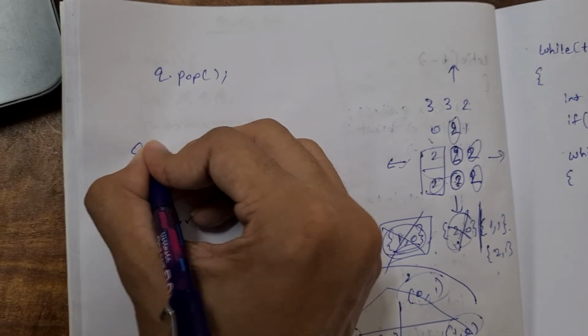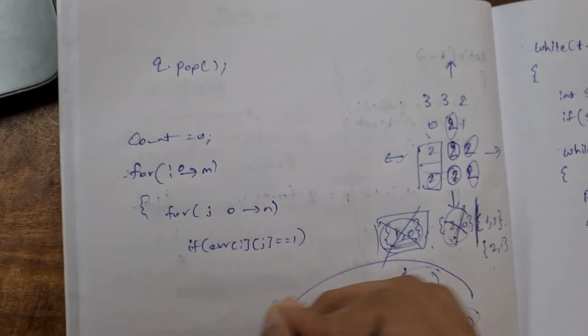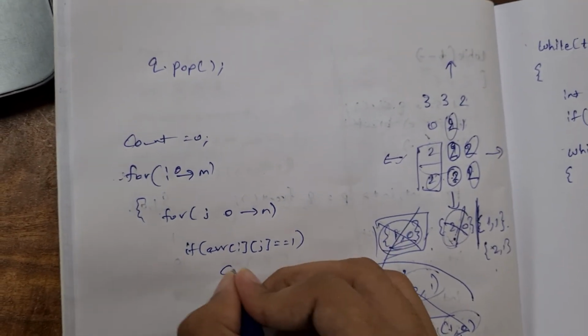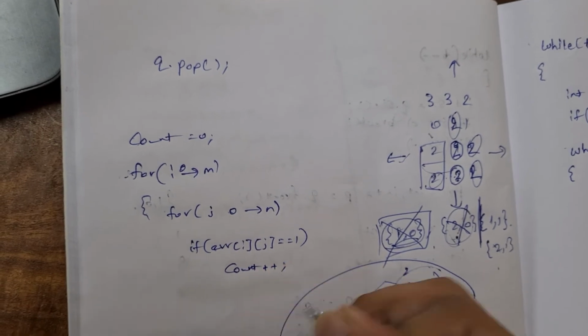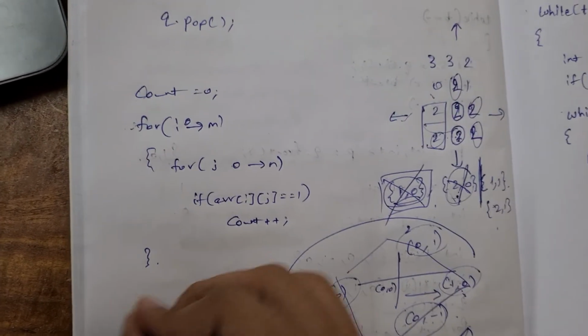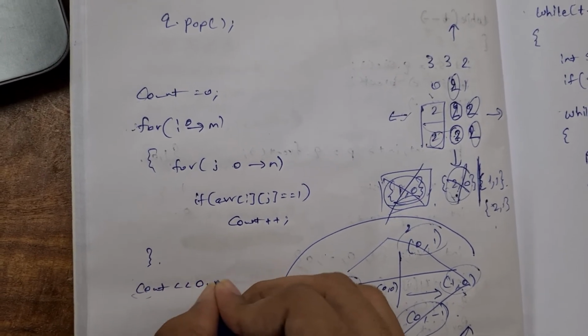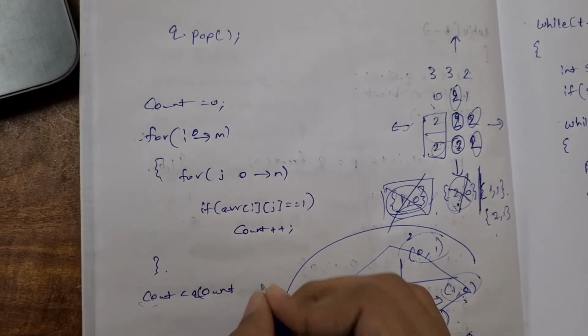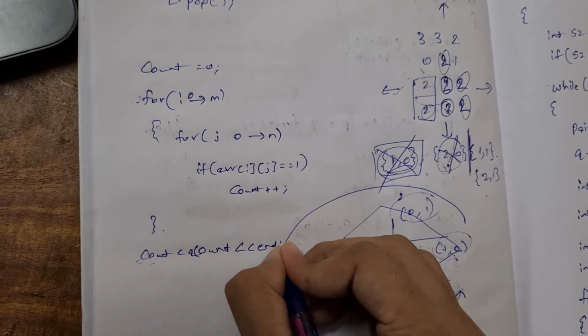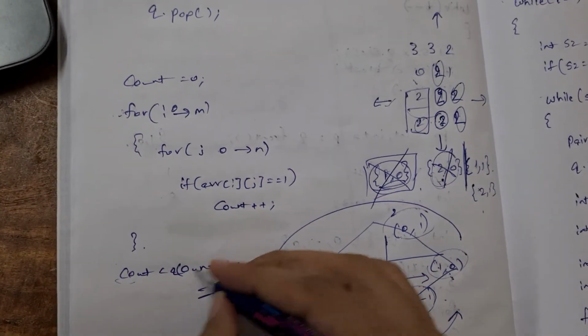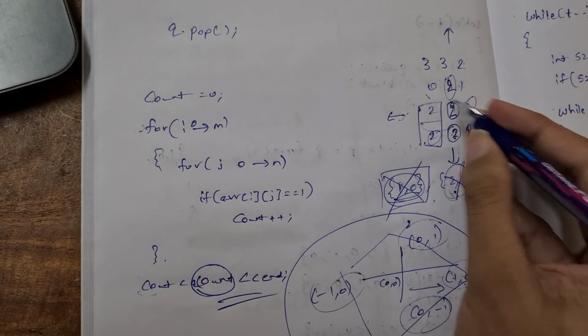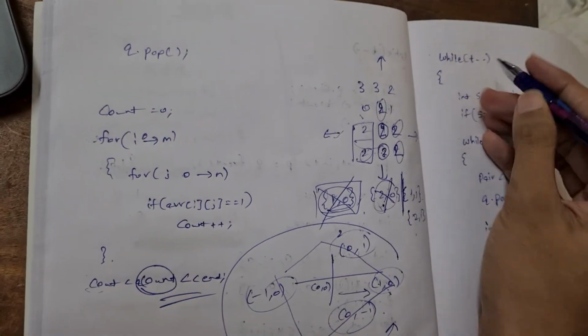We can take a count variable which will be 0 at the beginning, and if it is 1, then we will increment the count. In this way, if we print the count, that is the answer we are looking for. So this count variable is the number of fresh apples remaining at the end of the t-th iteration.